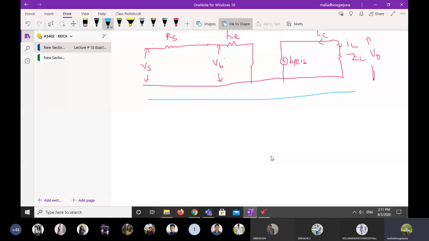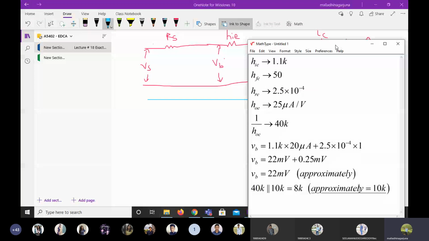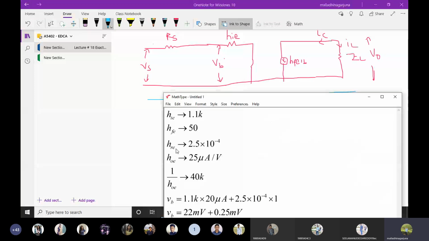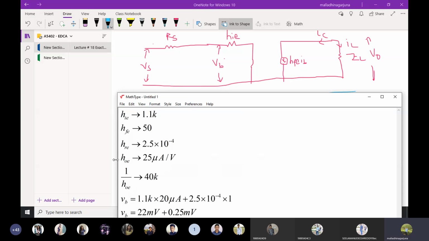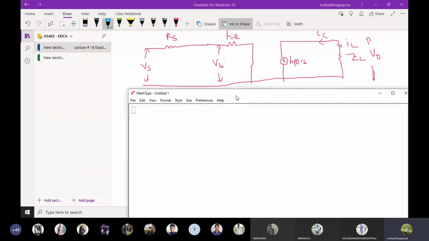Okay, so now let us derive the equations for all the parameters. What is the first one we need to calculate? Current gain. What is the formula?